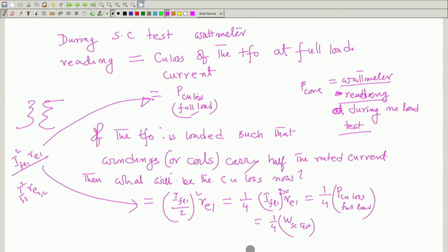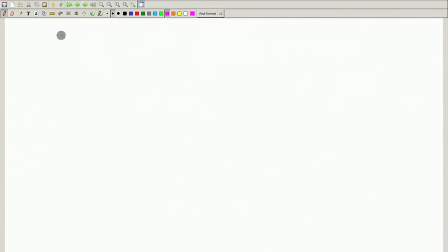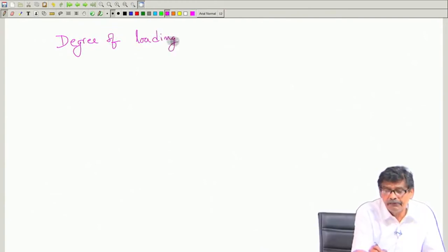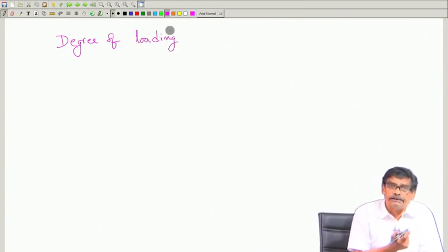You define, then, that copper loss directly depends upon the loading, the degree of loading. Now the question is, what is the degree of loading? I will use a number x, which I must define, as the degree of loading with respect to the rated current carrying capacity of the coil.